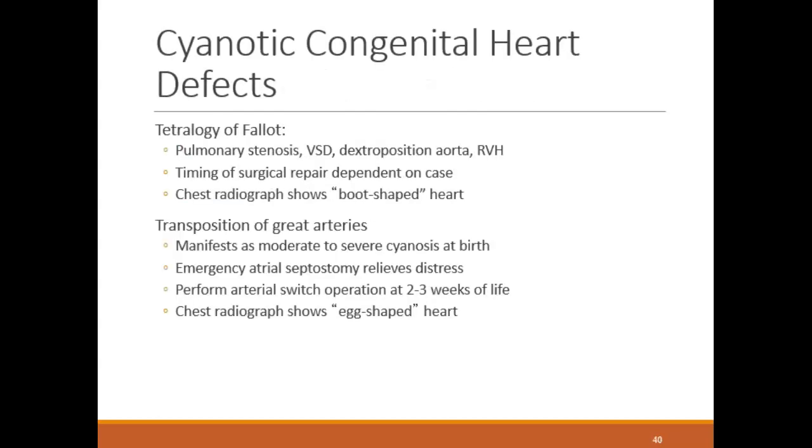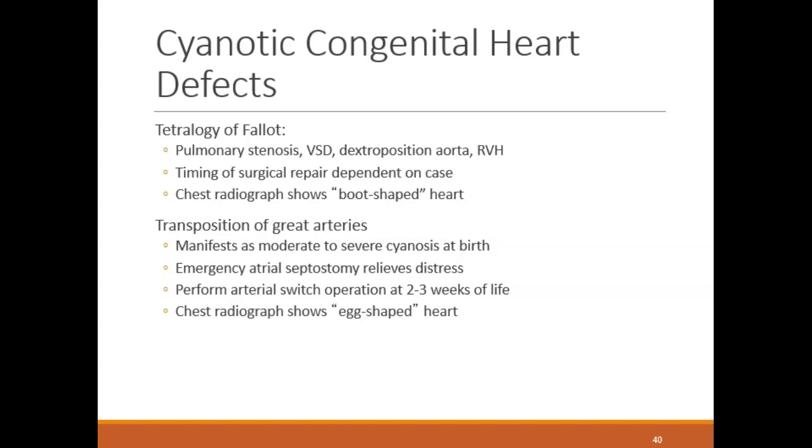Your cyanotic congenital heart defects: a main one you might hear about is called tetralogy of Fallot. I think I'm saying that right. This is signified by pulmonary stenosis, ventricular septal defects, dextroposition of the aorta, meaning the aorta is kind of flipped around, and right ventricular hypertrophy.